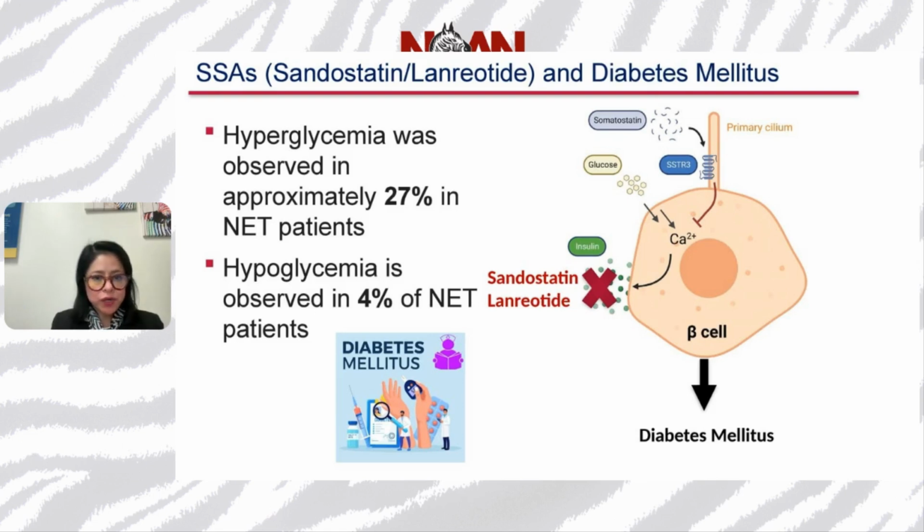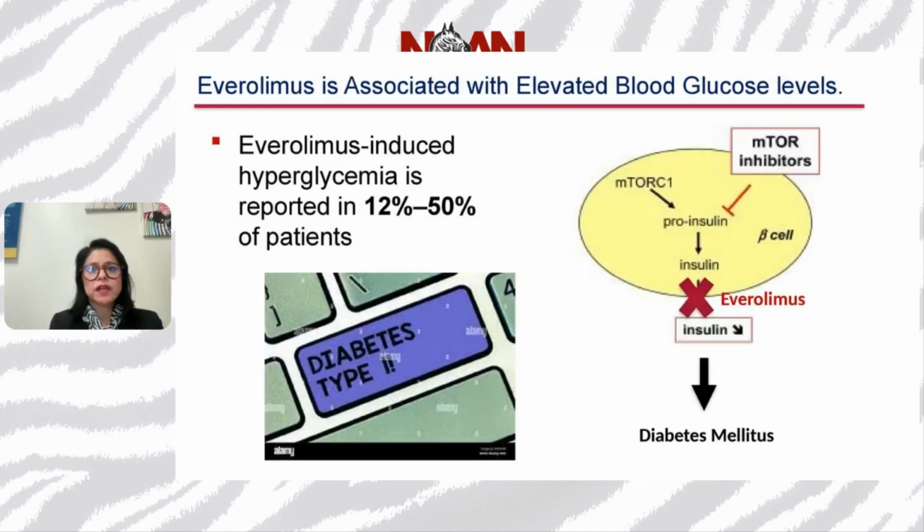So it's important to recognize that as well. Personally, I have seen it a little bit more with Sandostatin or octreotide than with lanreotide. I have seen more high blood glucose with lanreotide, but it's important to recognize that very, very rarely this can happen. Most of the time it produces excess glucose, or hyperglycemia.